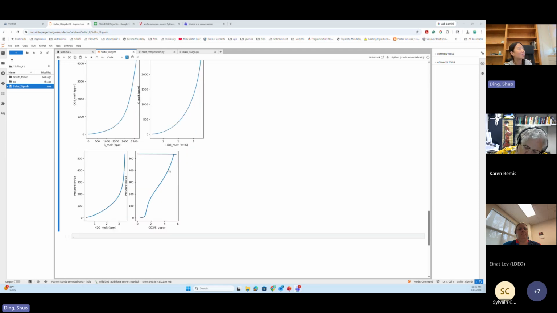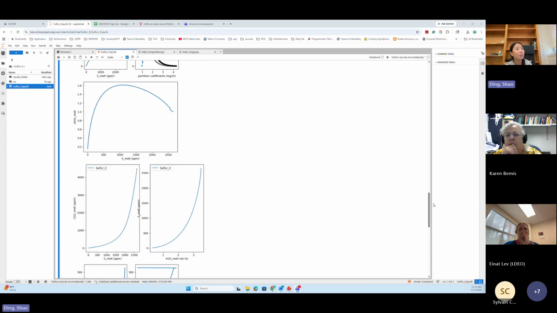And the last one is how the CO2 over sulfur ratio, the molar ratio in the gas, changes as pressure changes. This is of interest if you want to compare to your measured CO2 sulfur ratio in the volcanic gases to infer where the gas comes from. So this would be a relevant figure.